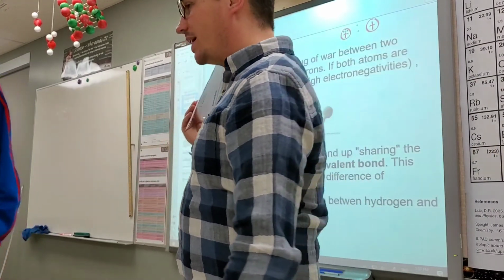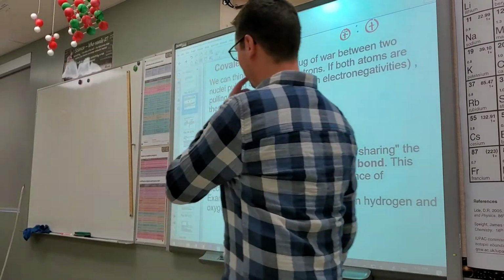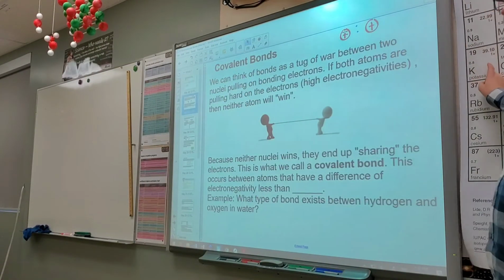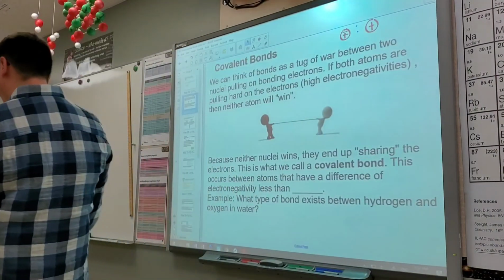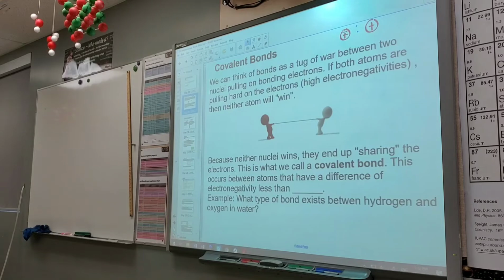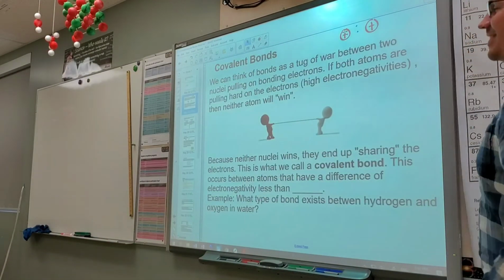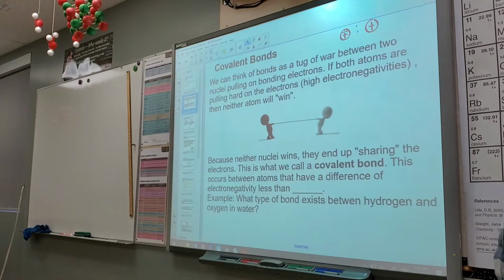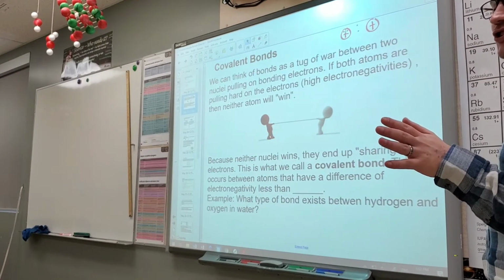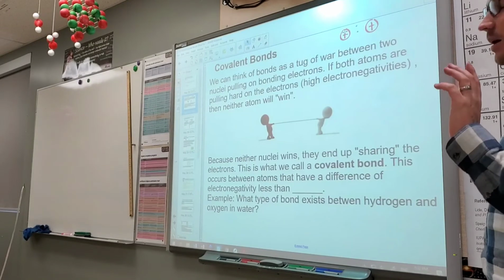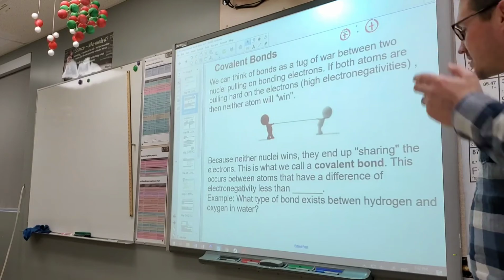These electrons... there's a battle between these two nuclei for the electrons.